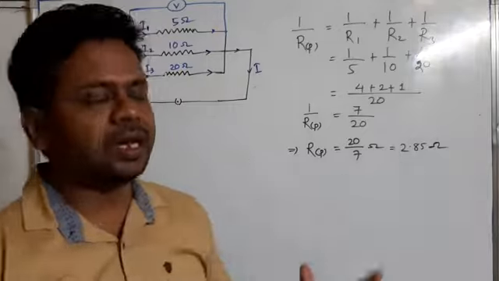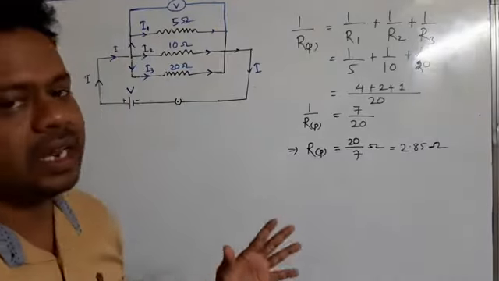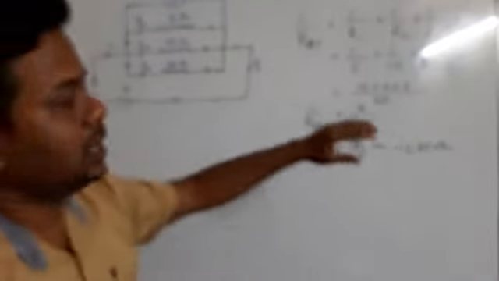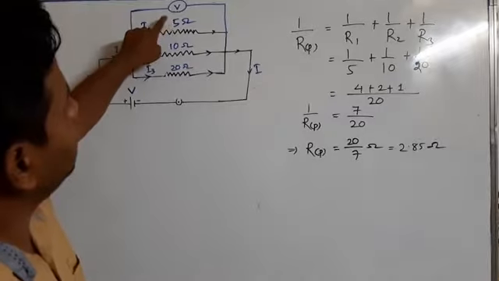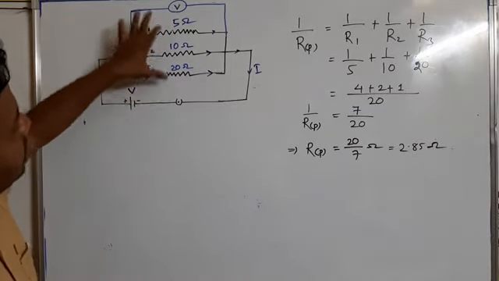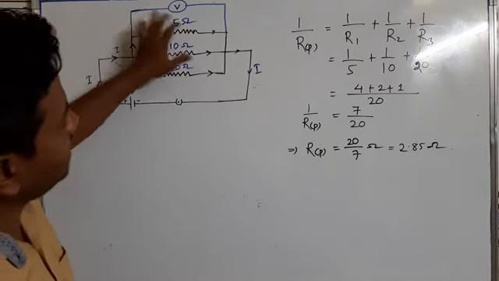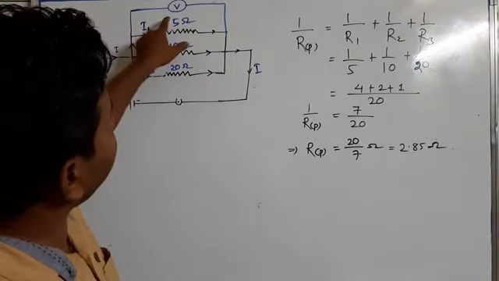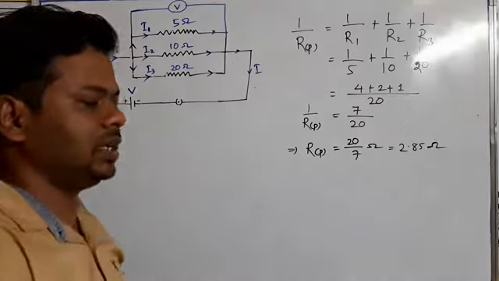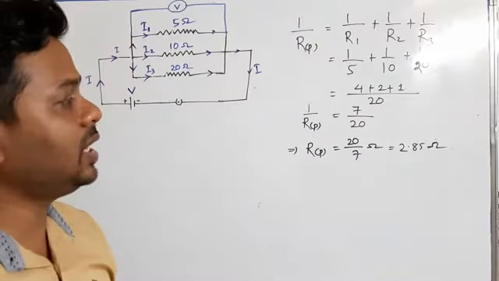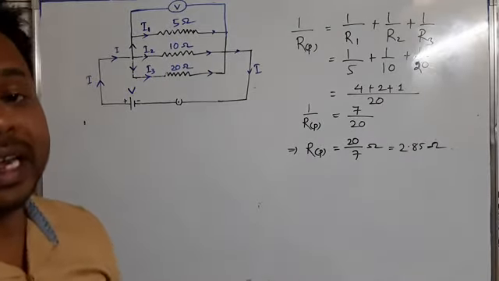So in a parallel connection, the combined resistance becomes very small, even less than this 5 ohm. This is the least resistance among the three, but the total resistance is also less than 5. So whenever you combine resistors in parallel, the overall resistance becomes very small.